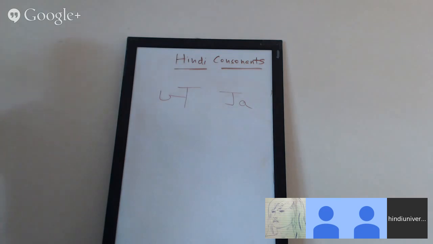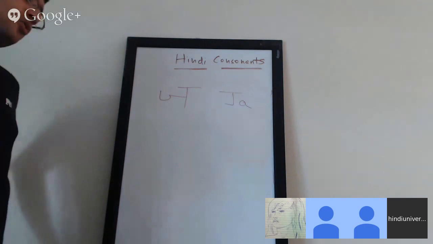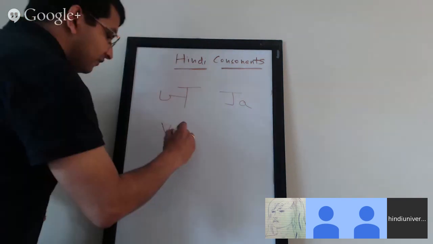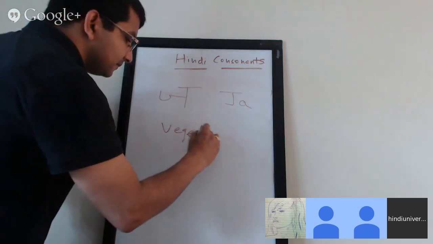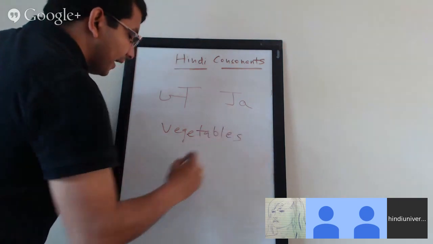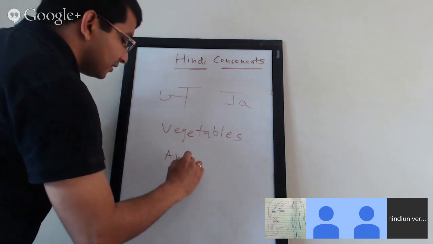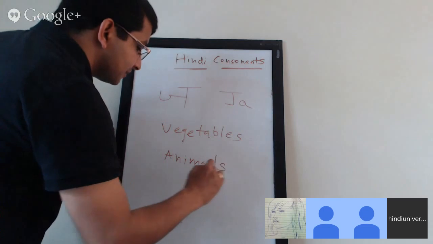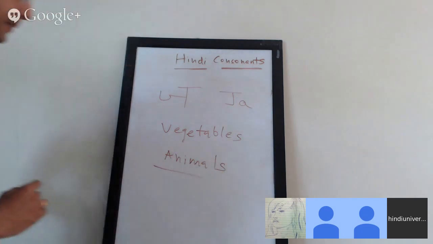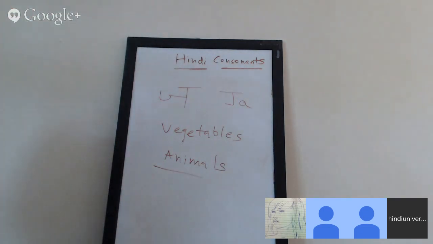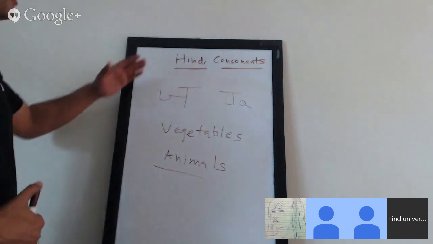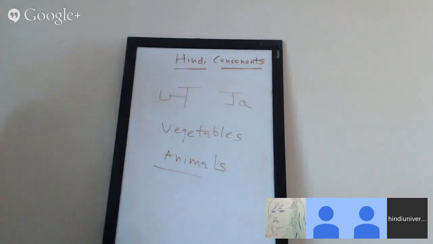We will learn reading also with the help of vocabulary words. So I'll take a series of vegetables and animals, and we'll write down all the vegetables and animals in Hindi script. That way, not only will we learn vocabulary, but we will also strengthen the understanding of vowels and consonants.